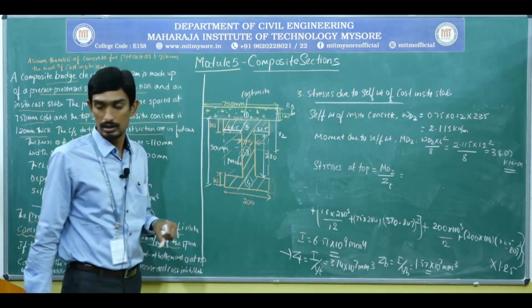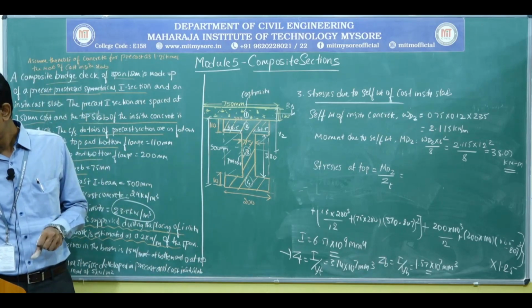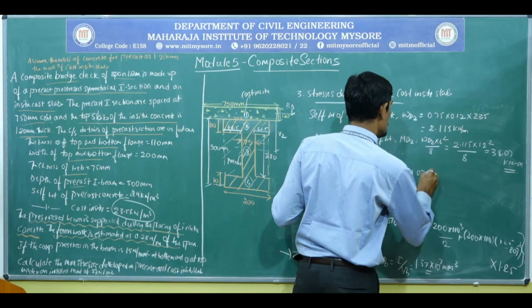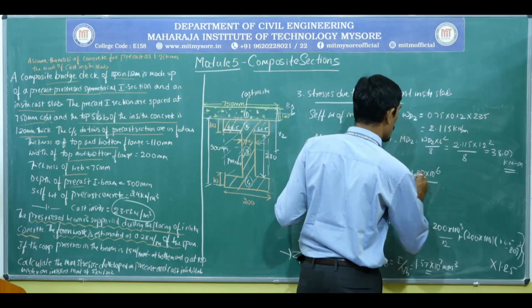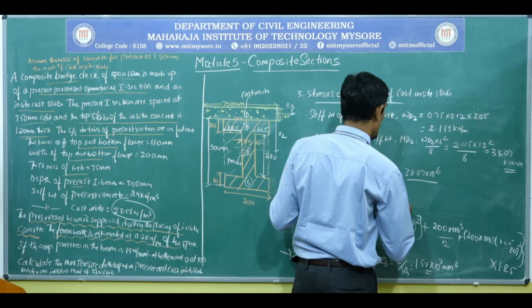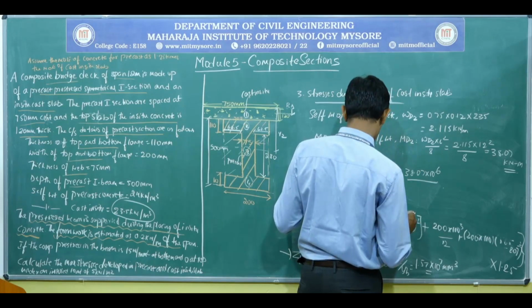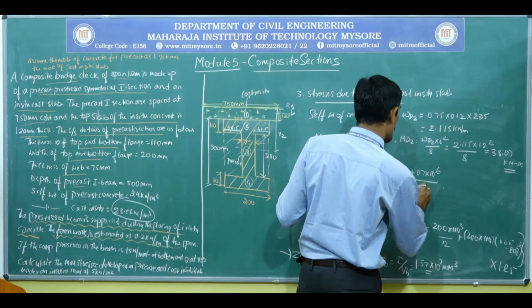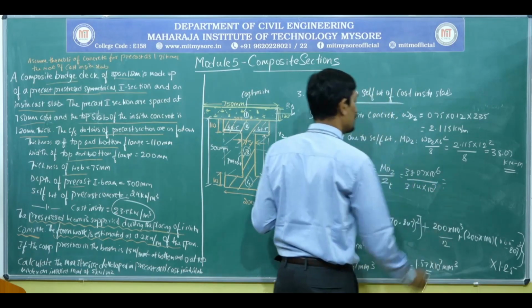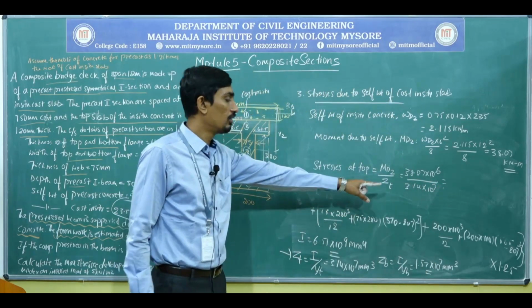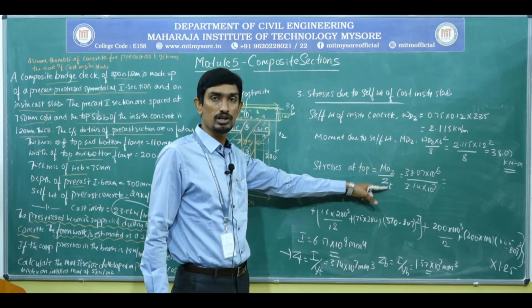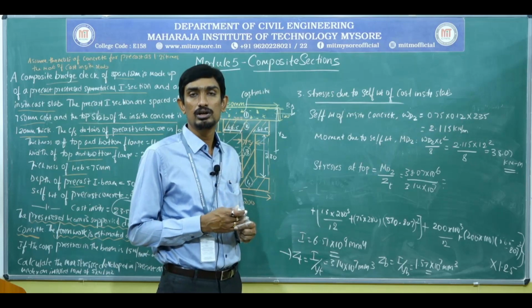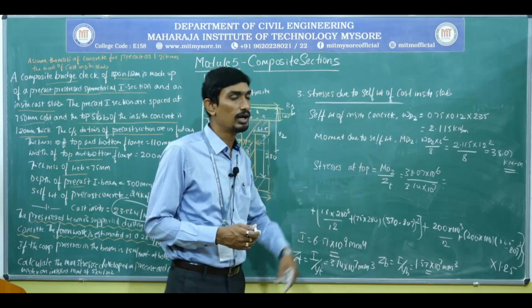That is 38.07 into 10 to the power of 6 divided by Z top, which is 3.14 into 10 to the power of 7. Without knowing these sectional properties, we cannot calculate this, so first I went ahead with the composite section.